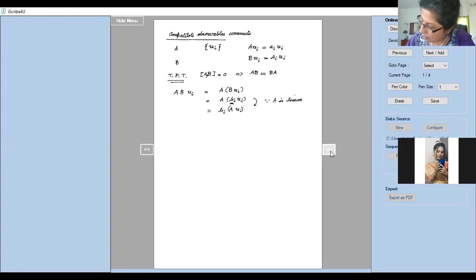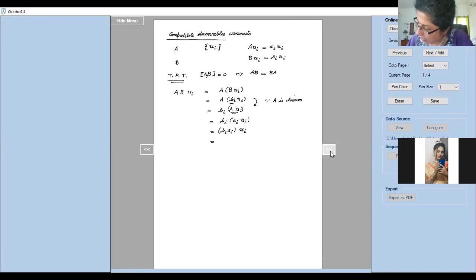So now here we go. This is bi, and A operating on ui will give me ai ui. So this can now be written as bi ai on ui. But bi and ai are just numbers, and we know that numbers commute with each other, correct?